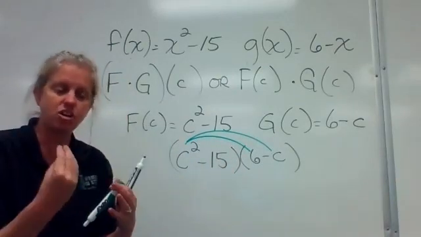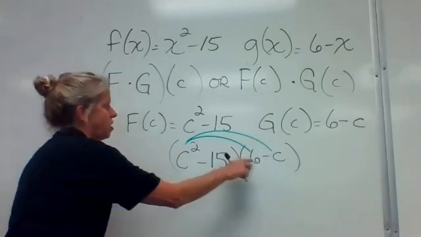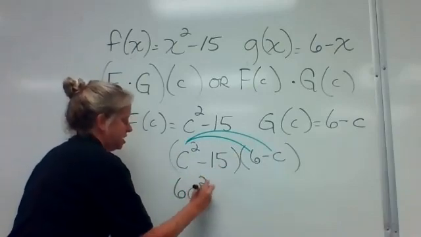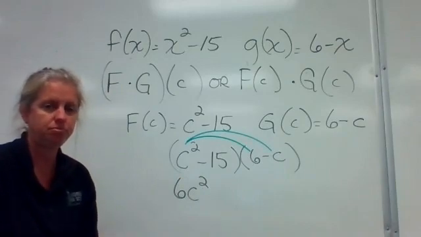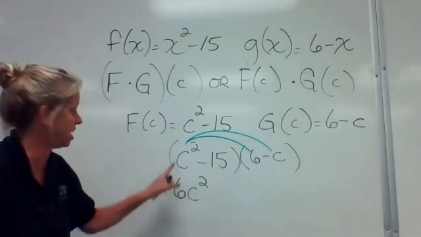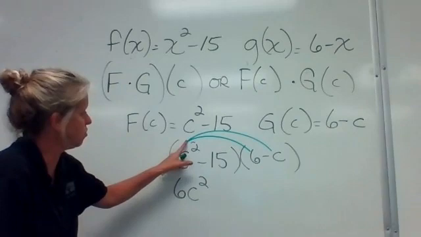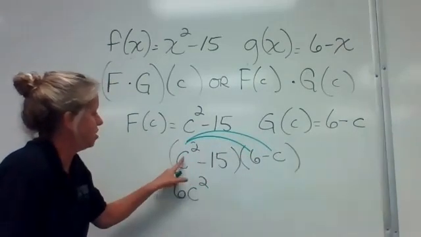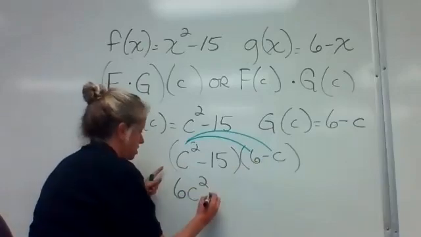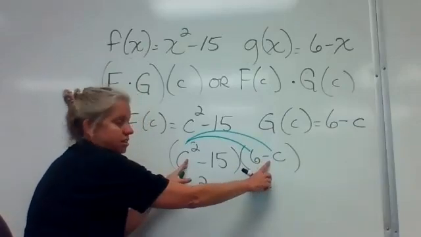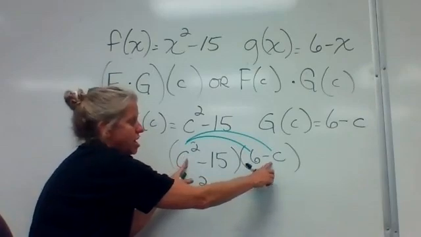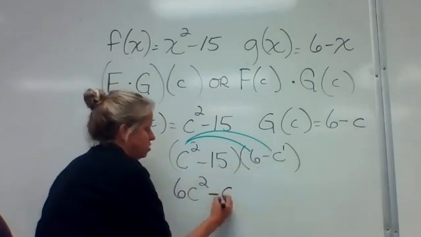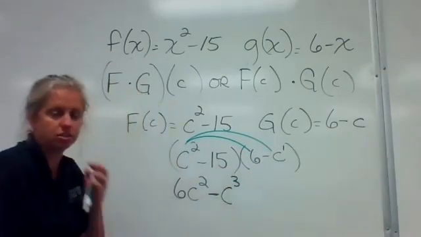When you're multiplying a letter and a number, you just hook them together. c squared times 6 gives me 6c squared. Careful with your sign here. Positive c squared times negative c. So I have a positive times a negative, which is automatically a negative. And c squared times c gives you c to the third.